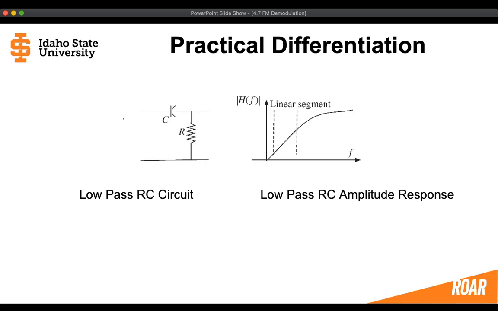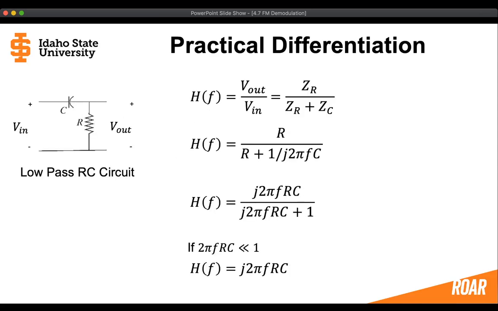I apologize for that. The high-pass RC filter is going to have a transfer function that is the impedance of the resistor divided by the impedance of the resistor plus the capacitor. And if we change this using the impedance, we can get a frequency domain response that looks like this: j2 pi f RC over j2 pi f RC plus 1.